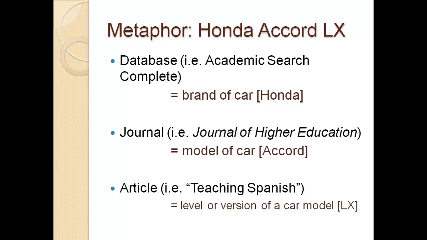And an article, let's just say the article is called Teaching Spanish, could be compared to a level or a version of a car model, like LX. So in this way, you can see how database, journal, and articles are all related in the hierarchy of the search engine. Don't worry if this is still a little fuzzy. Over time, these concepts will solidify and make more sense the longer that you use the library database.